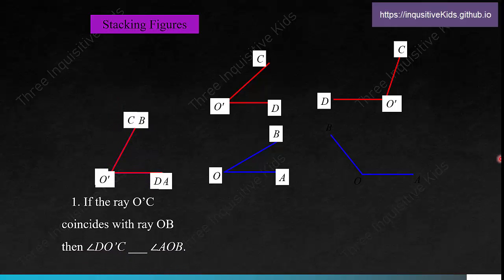To compare these pairs, if the ray O prime C coincides with ray OB, then angle DO prime C is equal to angle AOB. Let's try another one.